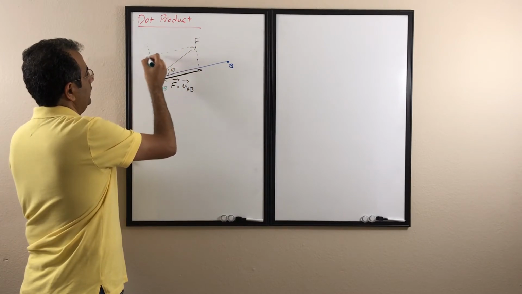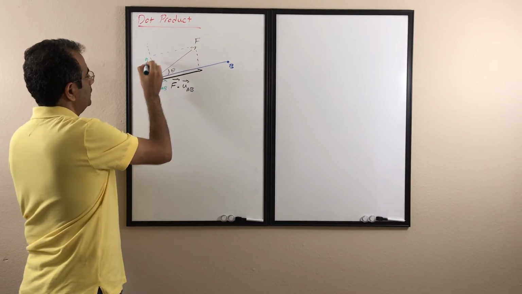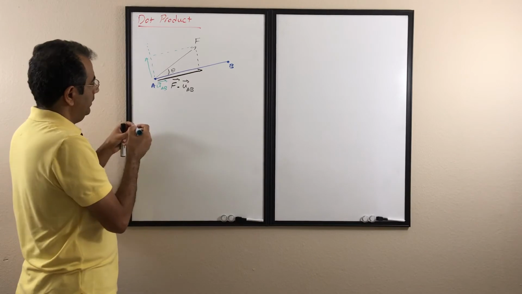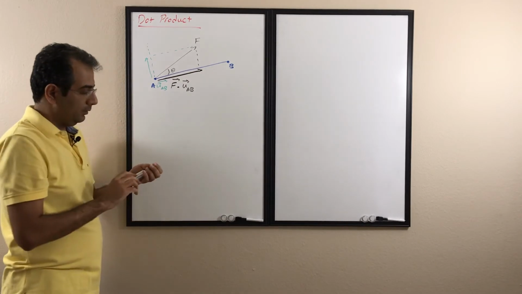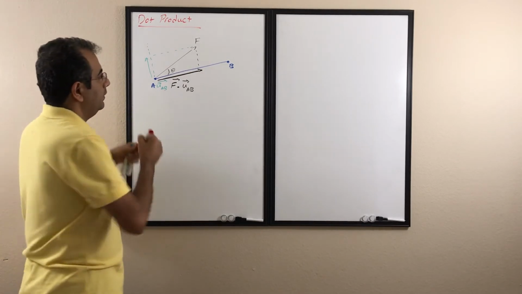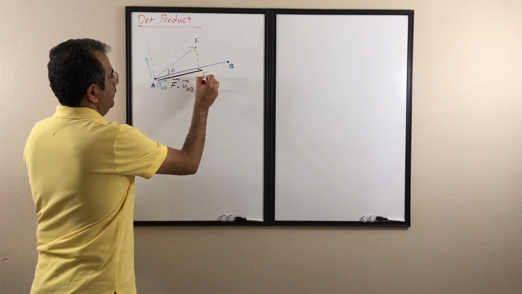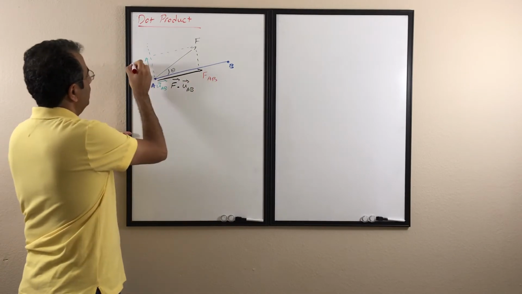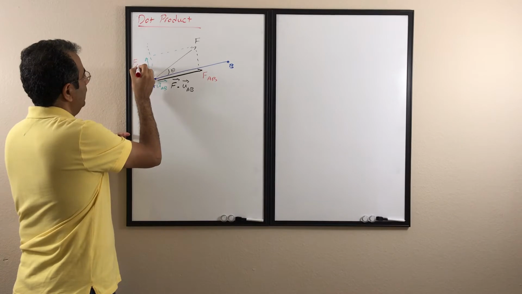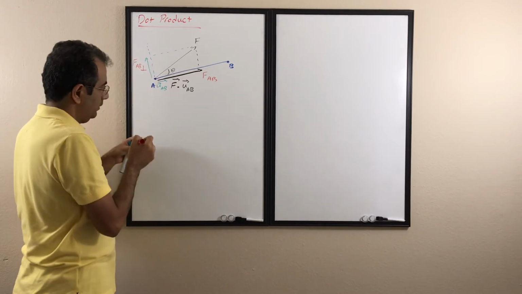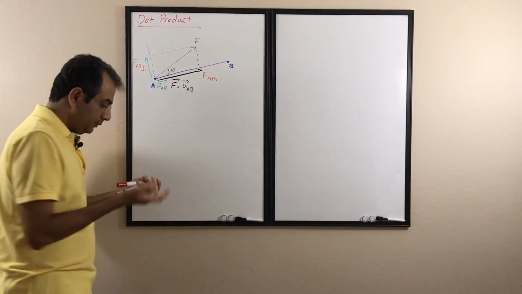Assume that we bring it here and want to find the projection of F. Call this one the projection of F on AB, and this one the projection of F on AB perpendicular. How can we find that? It's very simple.